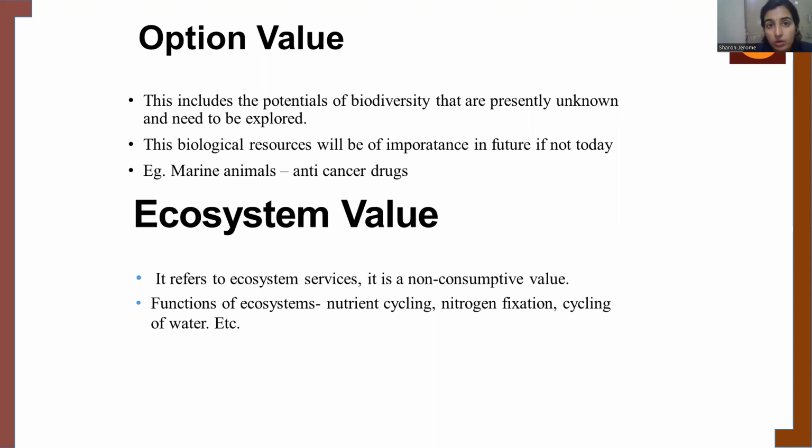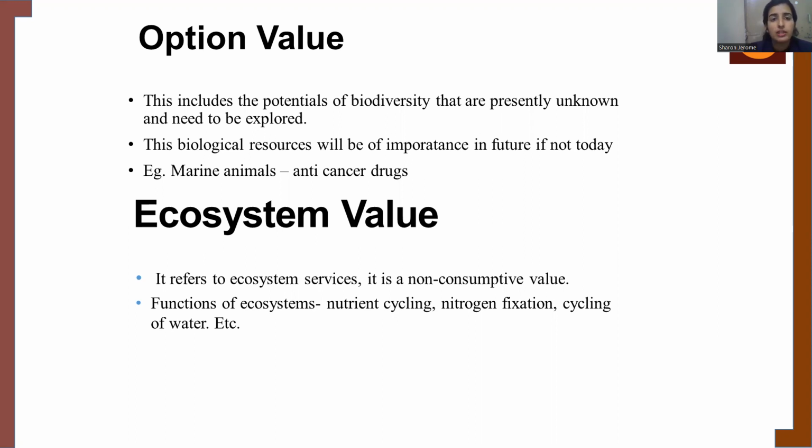There are a lot of unknown species to be discovered as well as explored. Some day each species will be a miracle to us. This biological resource will be important in the future, not today. As stated in the example, marine animals can act as an anti-cancer drug in the future, and those fields are yet to be explored.